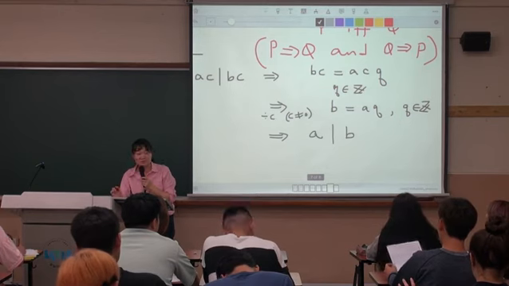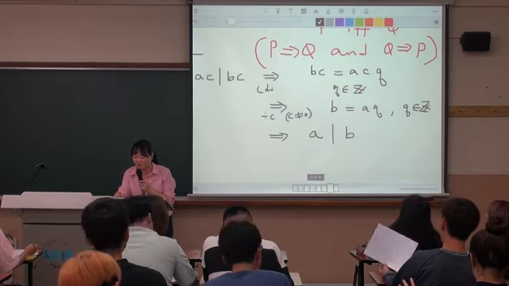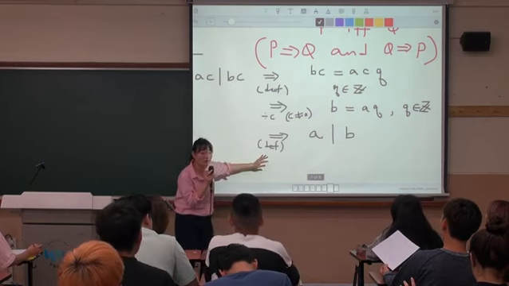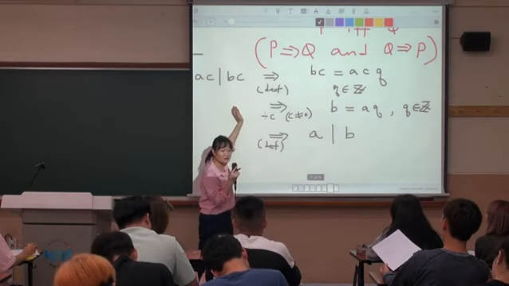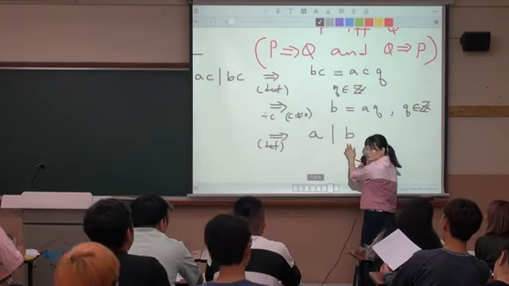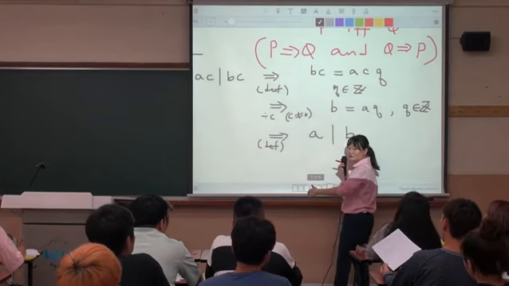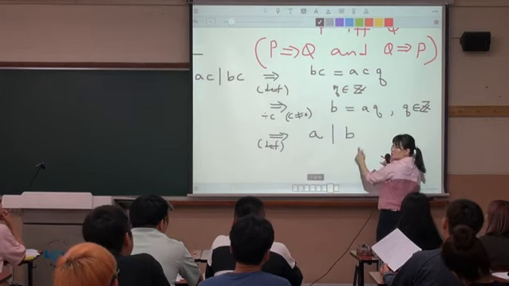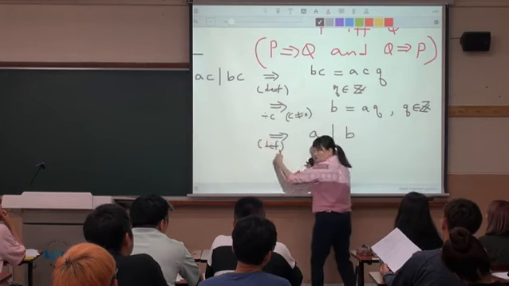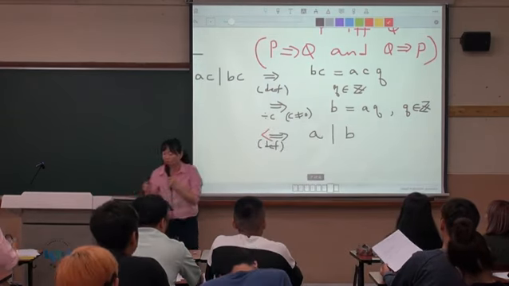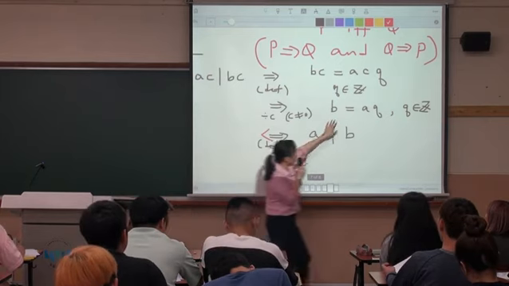By definition, 맞죠? By definition. So this is one way. Let's see if we can go back. Okay? So we start with A divides B. Then how can I go back? Definition, 맞아요? This is definition. So true by definition. So this is what we have.